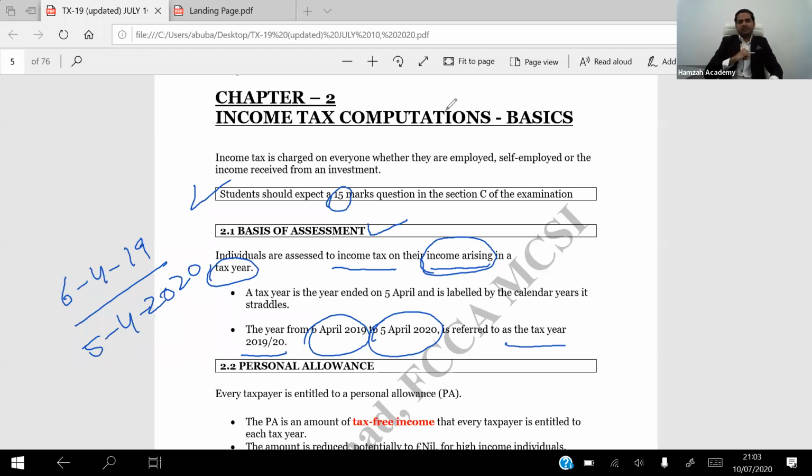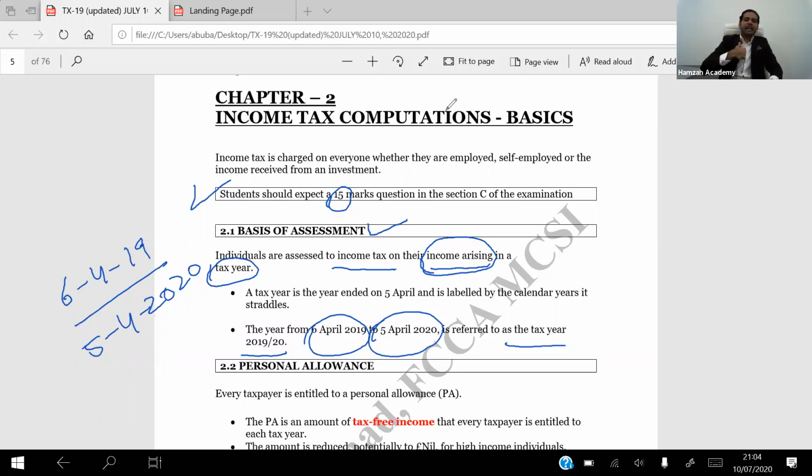What is our assessment in tax? The person will be paying tax if he is an individual, he has an income, and it is in a particular tax year. Three things: individual, income of some pounds, let's just say how many pounds, we'll figure out later, and that particular tax year, which is 6th of April 2019 to 5th of April 2020.